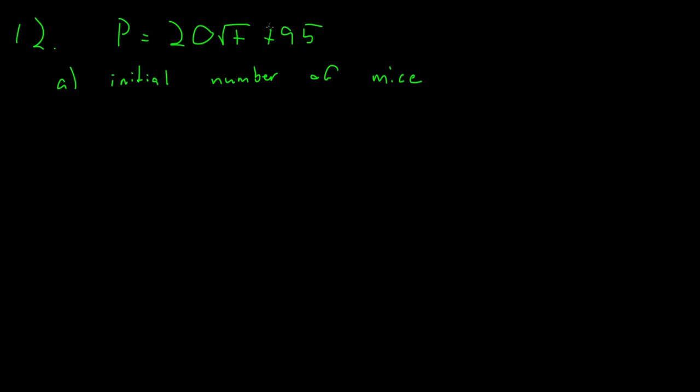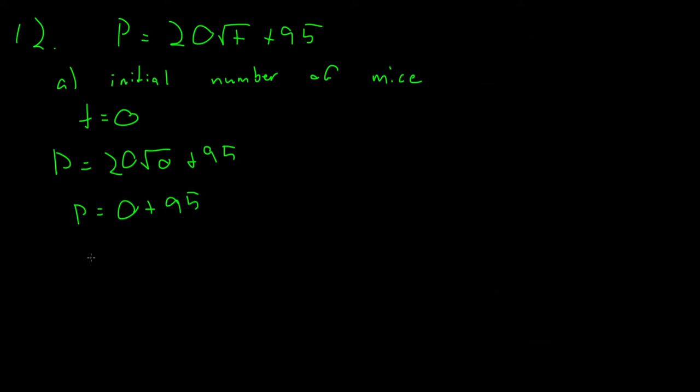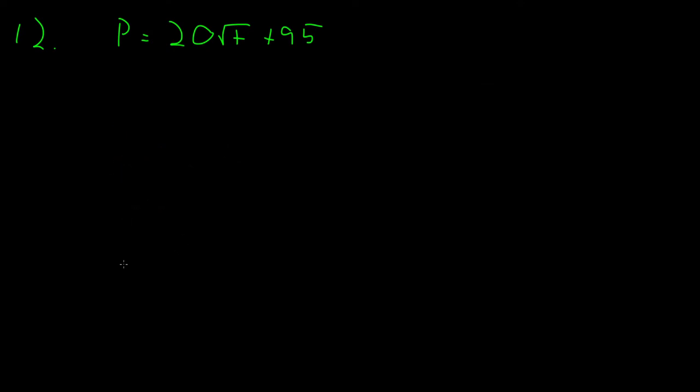But if you really want to show your working out, make t equals 0, because after 0 weeks, you get p equals 20 root 0 plus 95. P equals 0 plus 95, so P equals 95. That's a pretty simple one, but I'm sure it'll get harder.